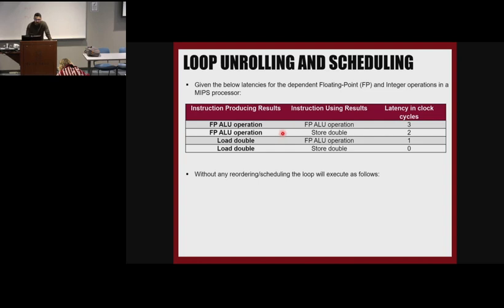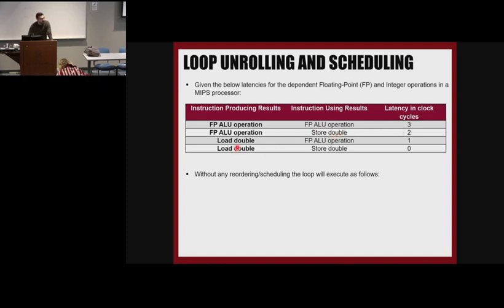So for example, if I have a floating point ALU operation followed by another floating point ALU operation, and they have a dependency, they need 3 clocks between those instructions. If I have a floating point ALU operation, and after that I have a store double, we need 2 clock cycles between them.